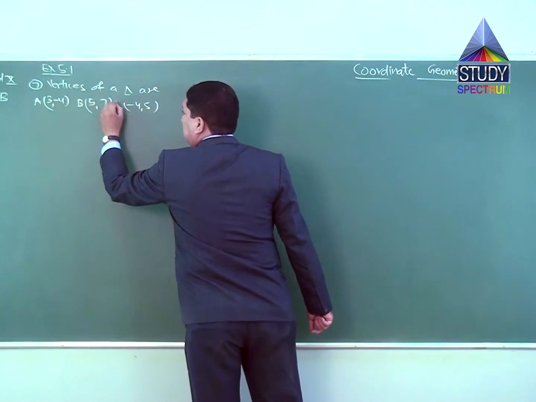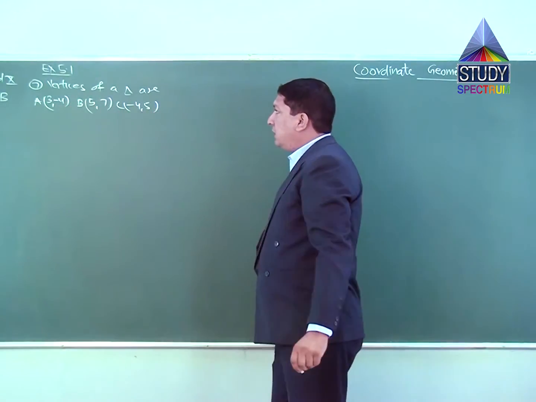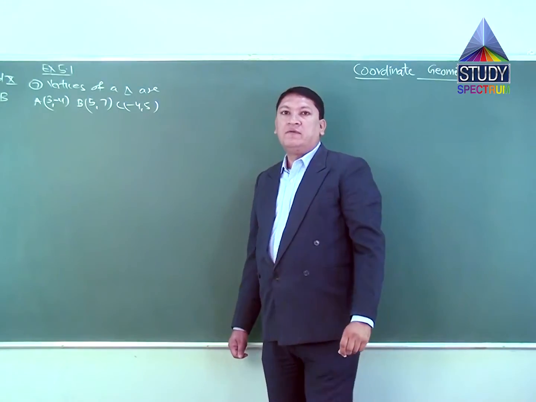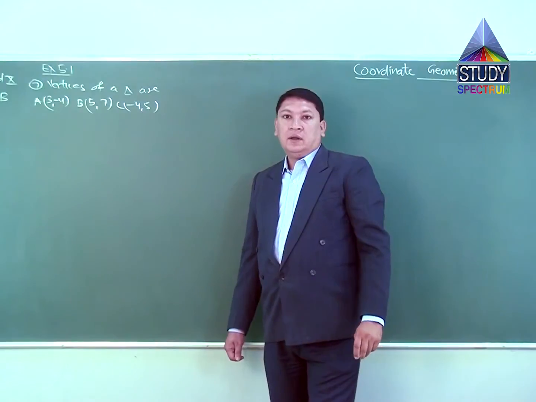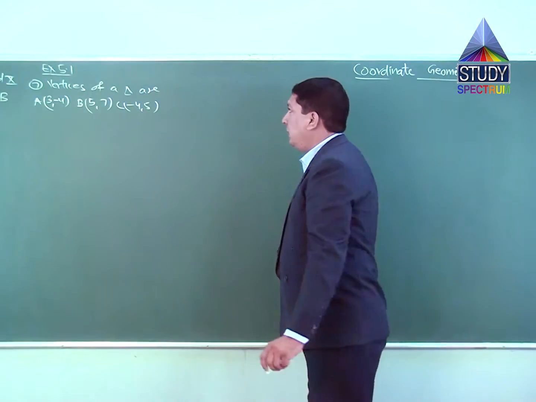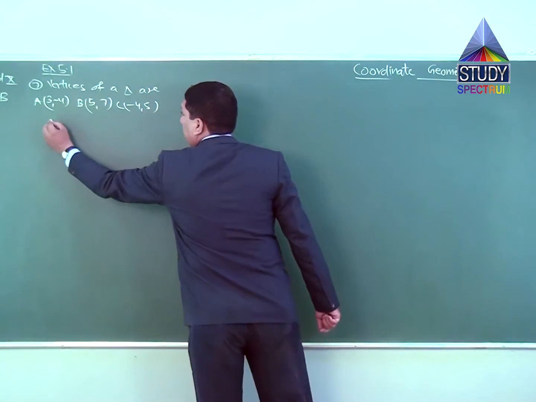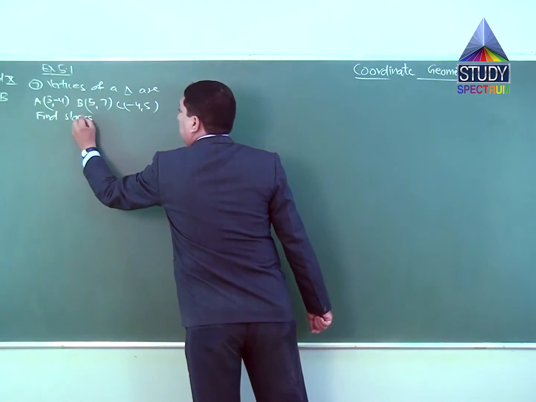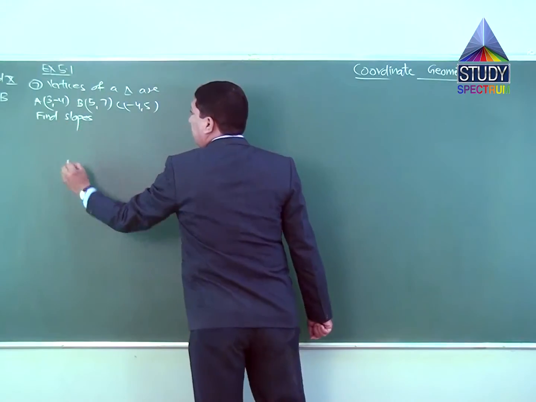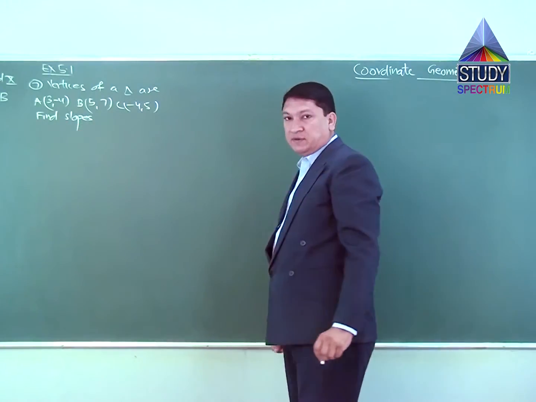These are named by ABC. Find the slope of each side of triangle ABC. We need to find out the slopes of each side of triangle ABC. This is your question number 7.